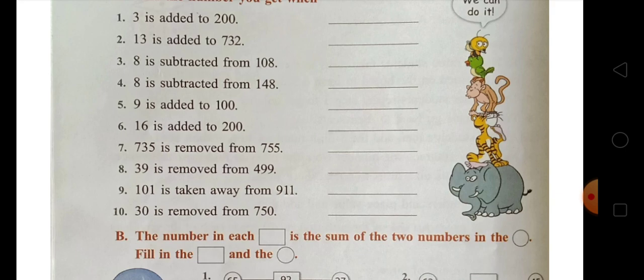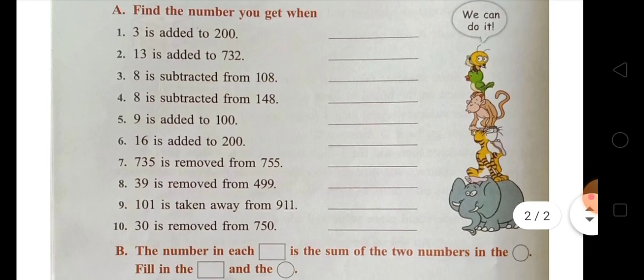Okay. Once again you have to revise it. Question number 1, 3 is added to 200, 203. 13 is added to 732, 745. Question number 3, 8 is subtracted from 108, that is 100. Question number 4, 8 is subtracted from 148, that is 140. Question number 5, 9 is added to 100, that is 109.